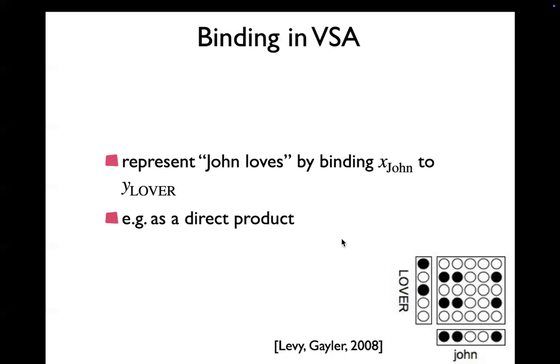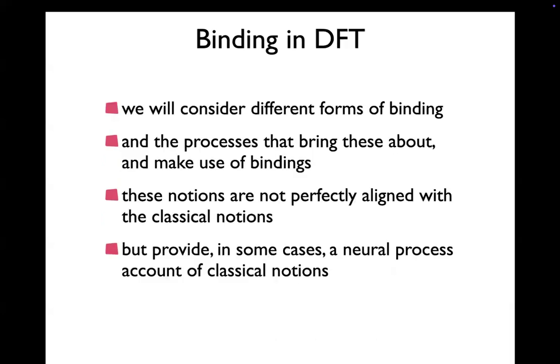I think this is just the text that goes with that explanation. This is a larger topic, and I'm just hinting at that. That's why this concept of binding is so prominent in attempts to explain higher cognition by neural networks. That's really what it is. We'll be addressing some of these forms of binding.